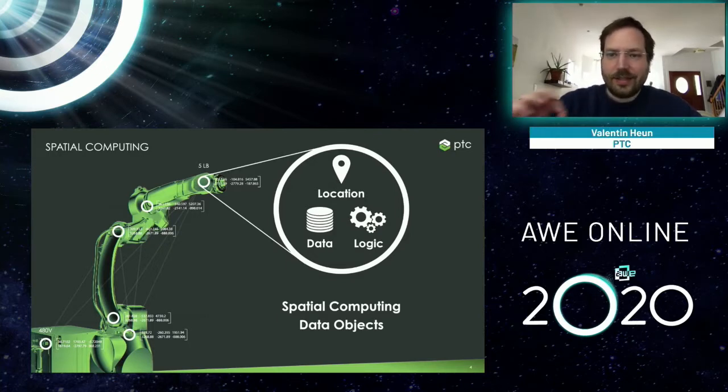And adding that additional tool in that spatial computing data object is extremely powerful. It's a very simple thing, but it's extremely powerful. And I put this in the beginning of this presentation because you will see it is the foundation of everything I'm going to show you.